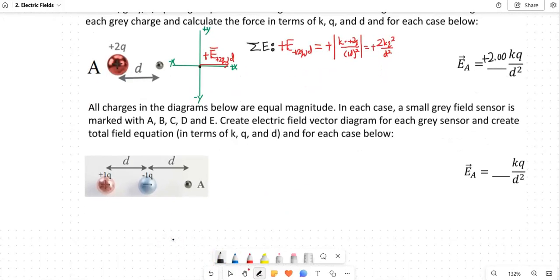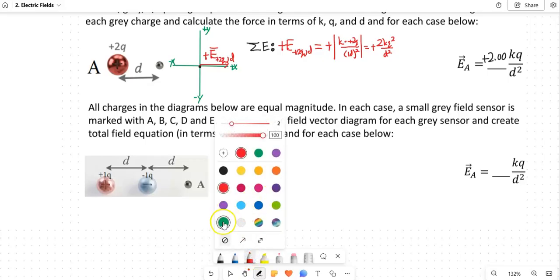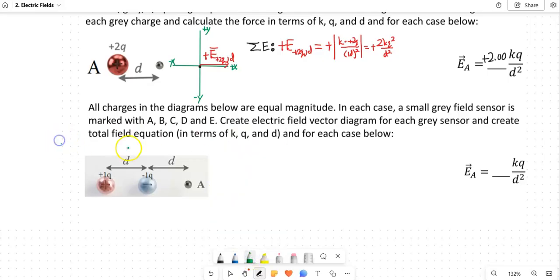The second page here is we have a sensor right here. Now we're going to look at the electric field at that sensor.